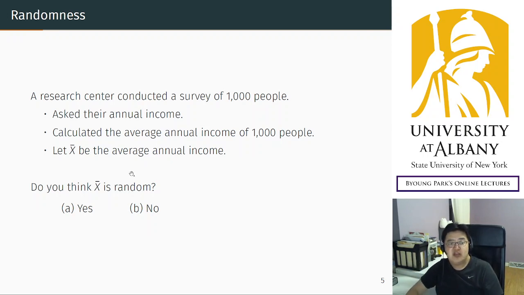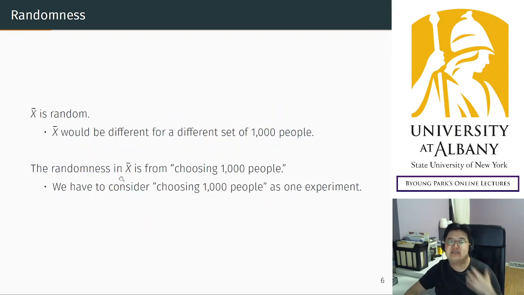We define the average from a finite number of observations as X bar, and it is random. That's what you can find intuitively, right? Pretty intuitive if you understand a survey as one experiment. So this is the point.